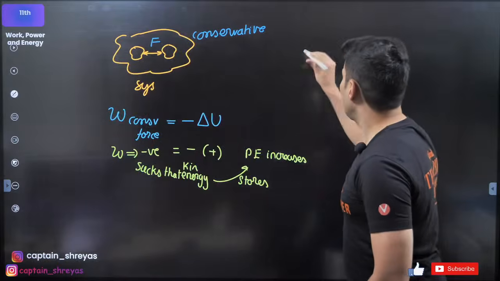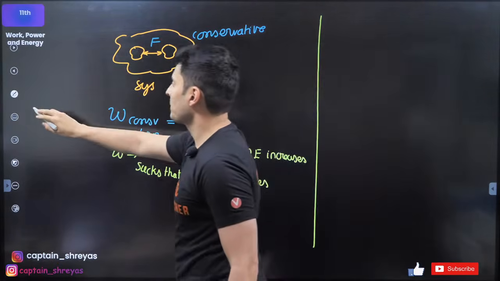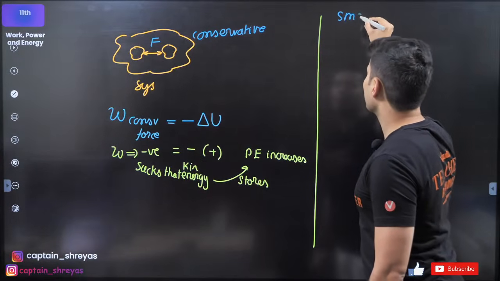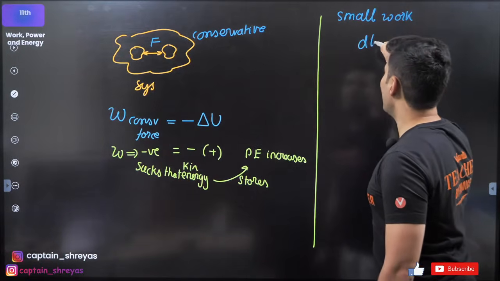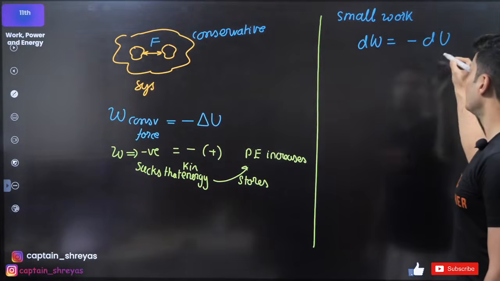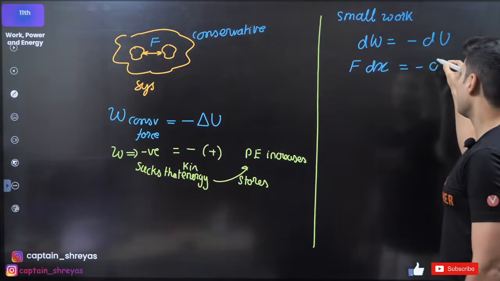Great. Now from this only you get many additional results. If there is small work done, you get this formula: dW is equal to minus dU. Work is nothing but F into dx, which is equal to minus dU.